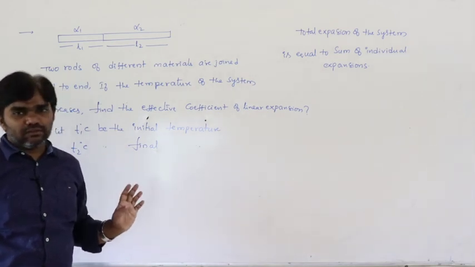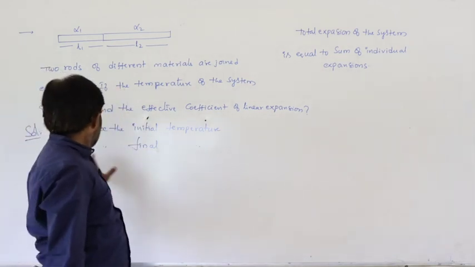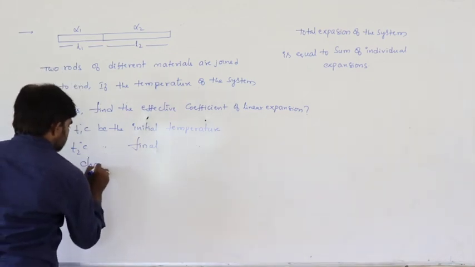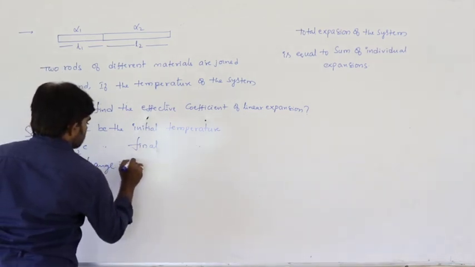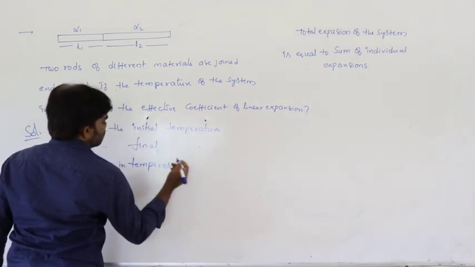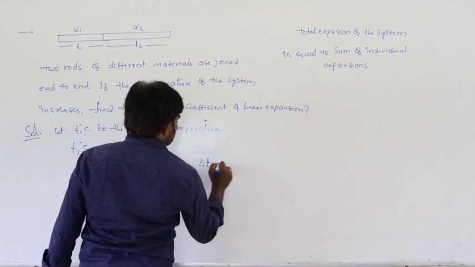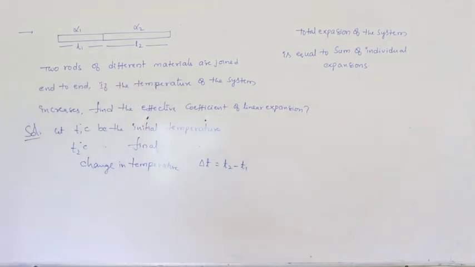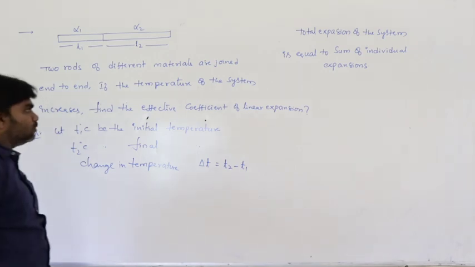That is the concept here. Let us say T1 and T2. The change in temperature, delta T, is equal to T2 minus T1.